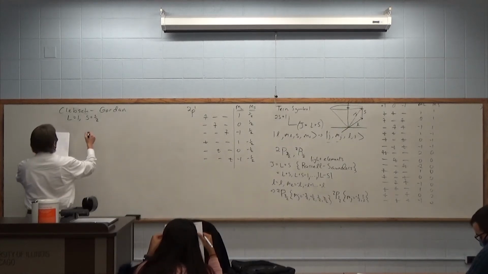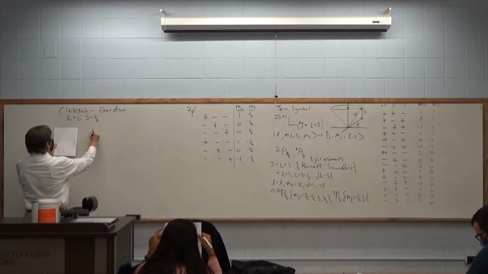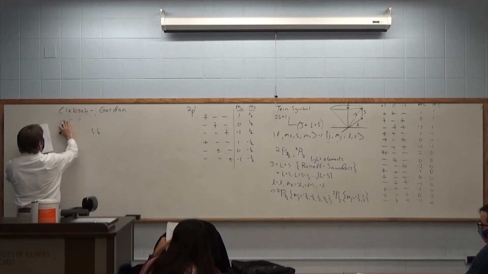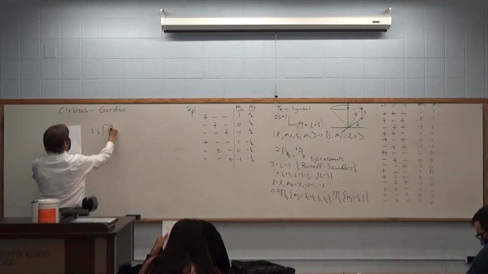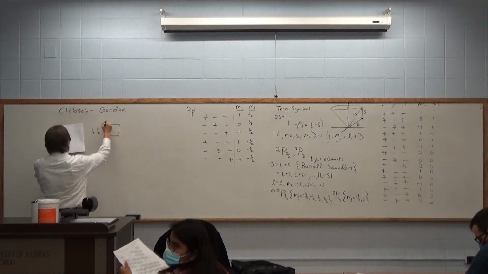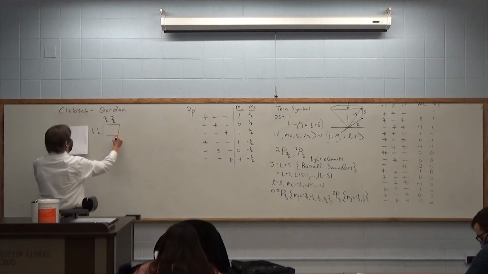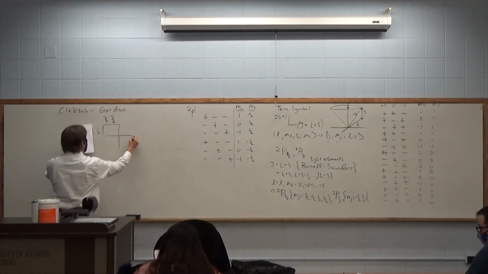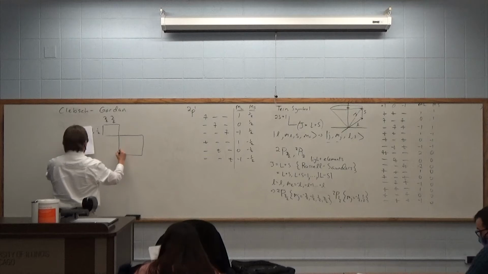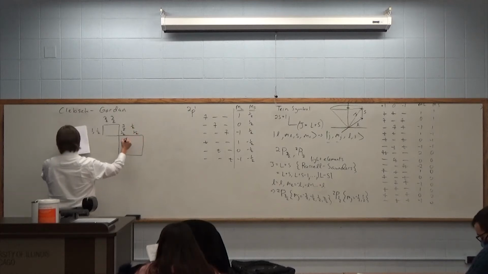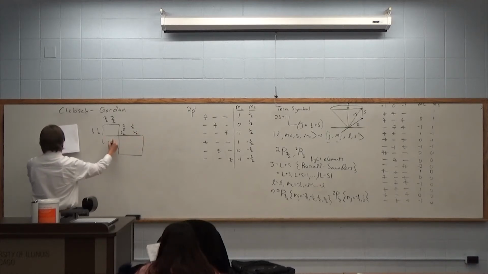So you're going to notice that at the top you have a box. You got 3/2, 3/2. You got another bigger box. We're only going to do a few of these. 3/2, 1/2, 1/2, 1/2, 1 minus.